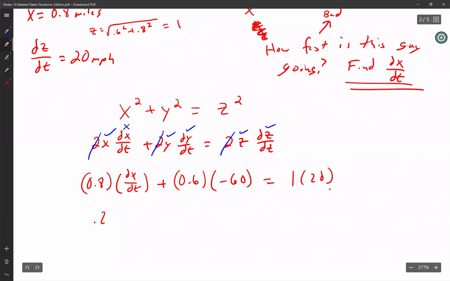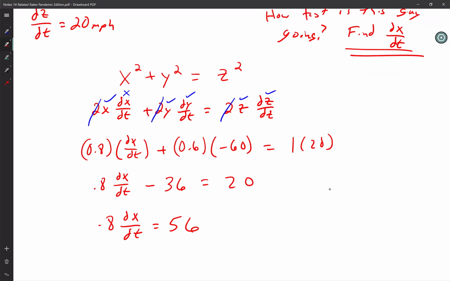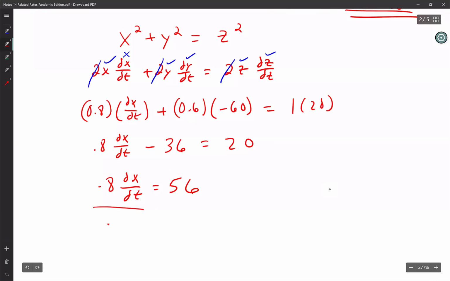Okay, 0.8 dx/dt minus 6 times 6 is 36, so this is going to be 36 equals 20. 0.8 dx/dt equals 36, 46, 56. And then all I got to do to get it by itself is divide by 0.8.